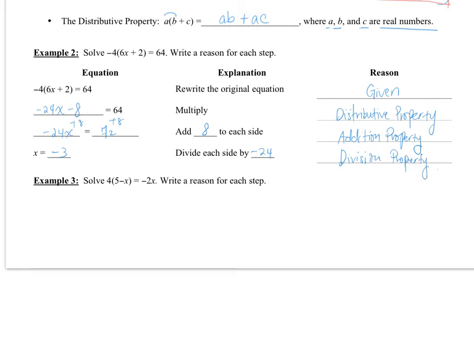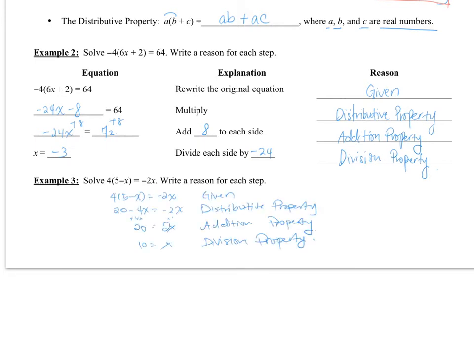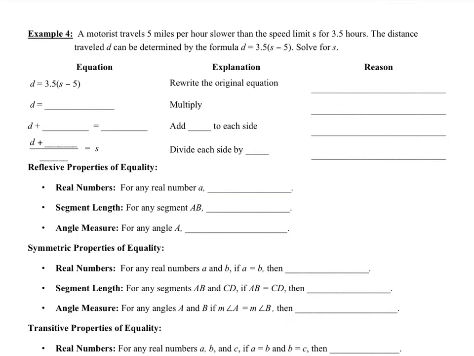Now, I would like you to pause the video and try example 3 on your own, and then continue to play the video to check your answer. So here are the answers. Now, try example 4, and then continue to play the video after you are done. So for example 4, you're not actually solving for a solution. You're just rewriting the given equation in the word problem in terms of the speed.